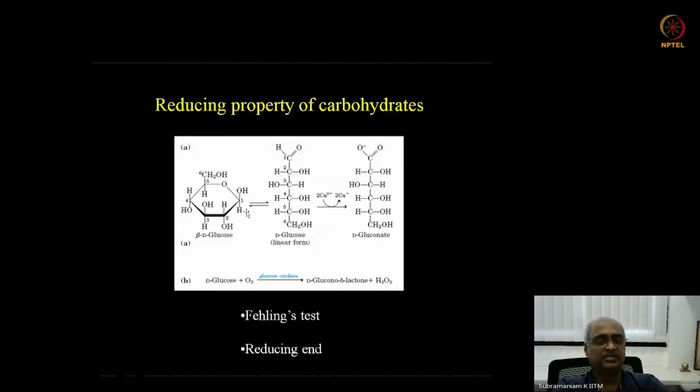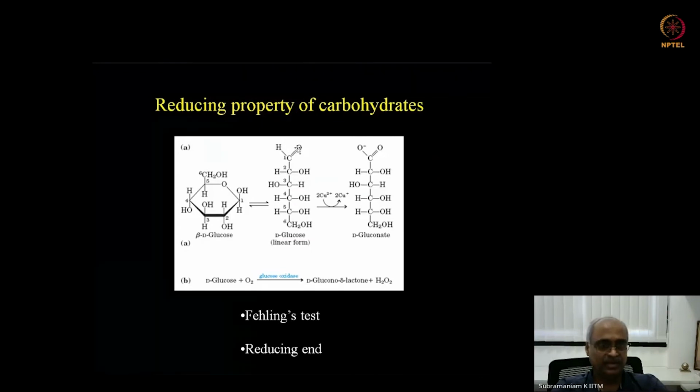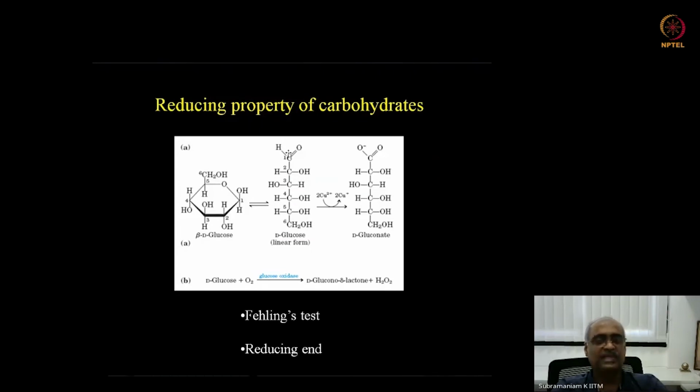And so due to this, this one is in equilibrium with this linear form. And in the linear form, this acts as a reducing agent. And such sugars are called reducing sugars.